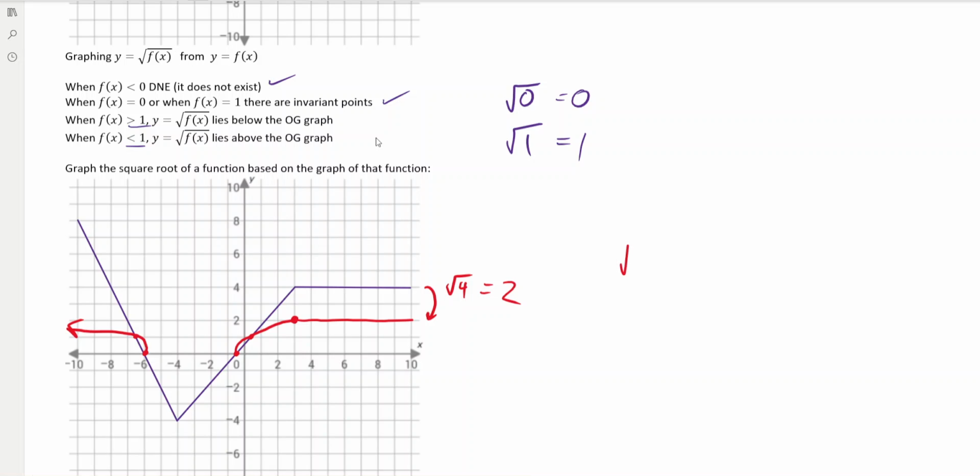But if you square root a quarter, there you go, that works better, it equals 1/2, which is actually getting bigger. Right? So in this case it gets smaller, so that's why it's below the original.